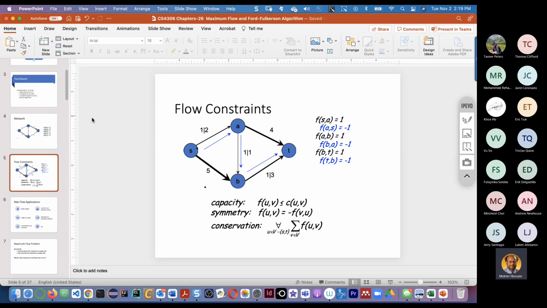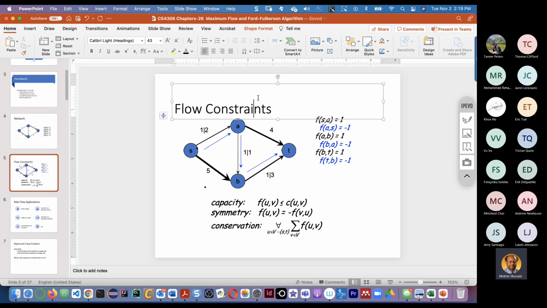In flow algorithms and flow charts, there are some constraints. Constraints means the conditions or the formulas.